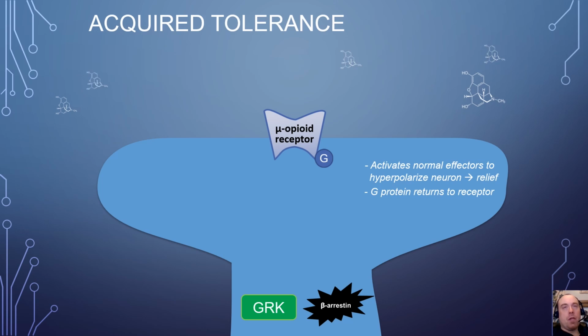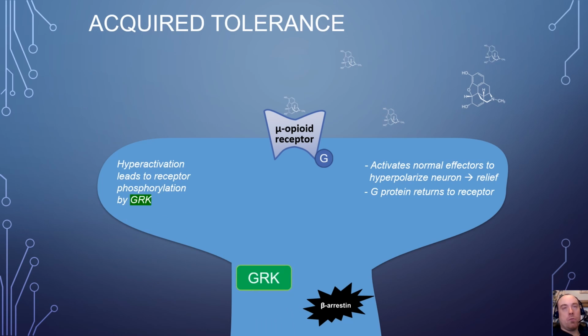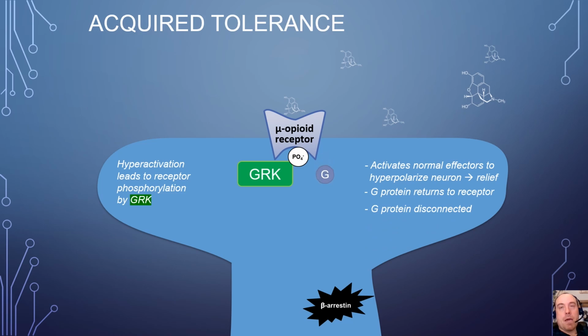But if we stimulate the receptor too much, with too much opioid or too long, we do something called desensitization, and that is related to recruitment of something called G protein receptor kinase. And that kinase, because it is a kinase, does phosphorylate the opioid receptor, and that basically disconnects the G protein and renders it inactive.